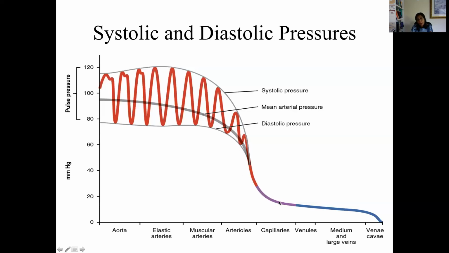What you see in purple here is capillaries. Capillary pressure, you may want to eyeball here to see somewhere around 35, and then the pressure drops as the blood continues to move through the capillaries to about 18. Okay, 35 to 18 is the mean arterial pressure within the capillaries.